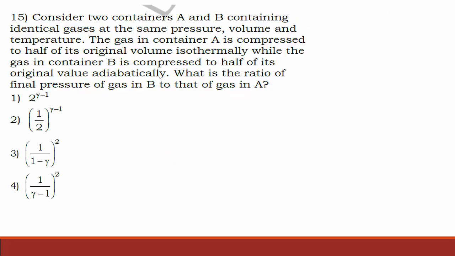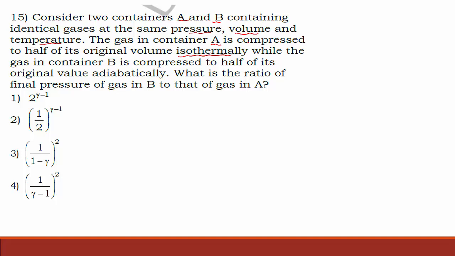Consider two containers A and B containing identical gases at the same pressure, volume and temperature. The gas in container A is compressed to half of its original volume isothermally.